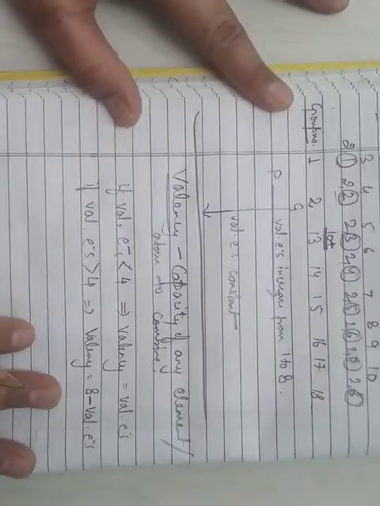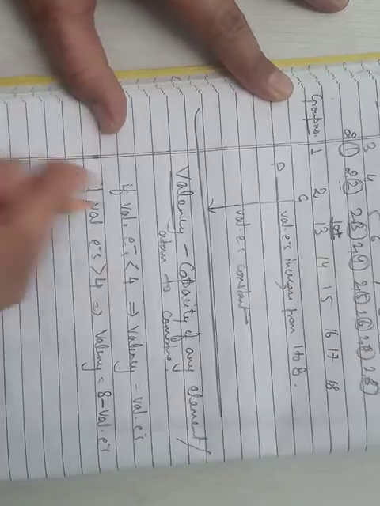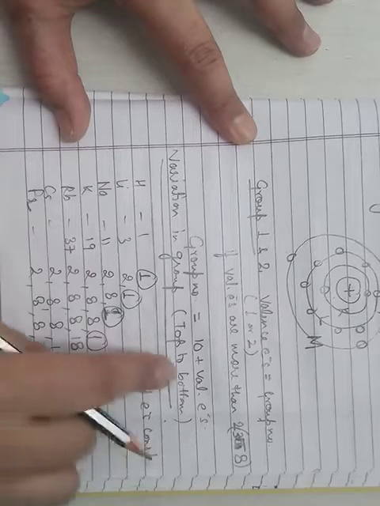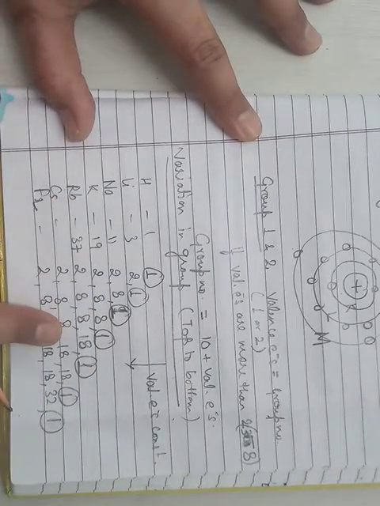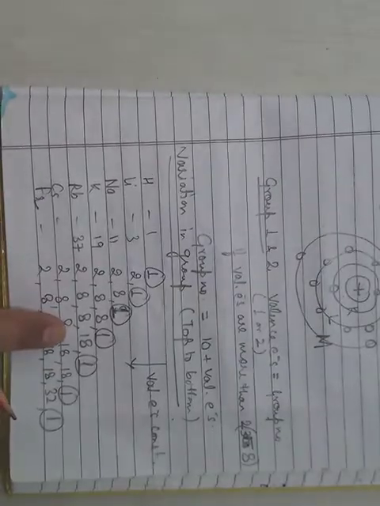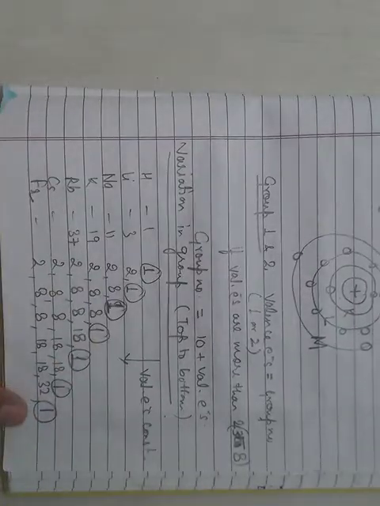Now let's see how the change comes from top to bottom and left to right. As we have just studied, on moving top to bottom the valence electrons remain constant. As I did for group 1, you can do the same for group 2, group 13, 14, 15, 16, any group, and you will get to know that in all the groups the outermost electrons remain constant.